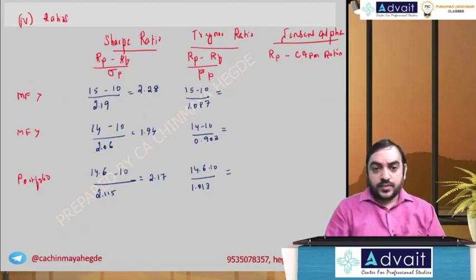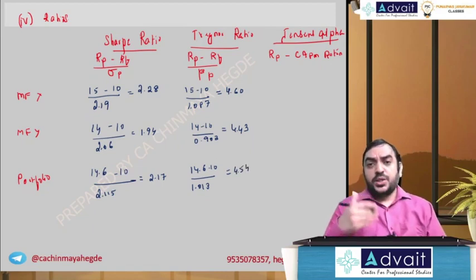So 15 minus 10 by 1.087 is 4.60. 14 minus 10 by 0.903 is 4.43. 14.6 minus 10 by 1.013 is 4.54.